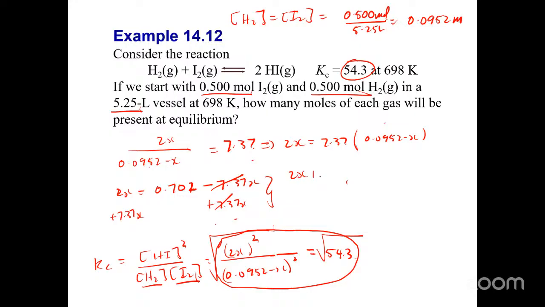The result will be 2x plus 7.37x is equal to 0.702. When you add these, you're going to get 9.37x equal to 0.702, which means that x is equal to 0.702 divided by 9.37.